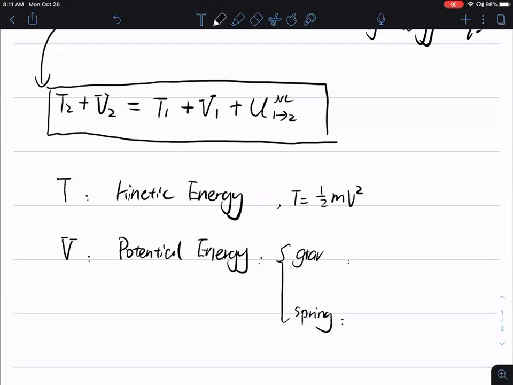Okay, what is the potential energy for that remote control? Cameron? It's height. What is height? Can you say it loud so everybody can hear?